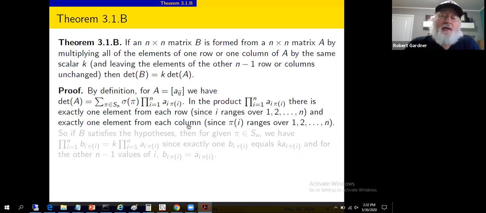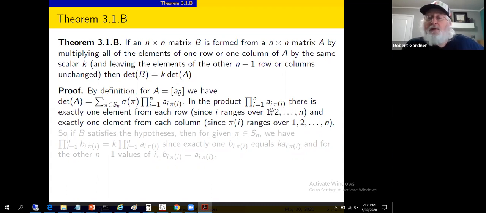There's also exactly one element in that product from each column. First, we get pi of 1. So that'd be an entry from column pi of 1, whatever that is. Next, we'll get an entry from column pi of 2. Next, we'll get an entry of column pi of 3 up through pi of n. I don't know which occurs when, but I know they're all there because pi is a bijection.